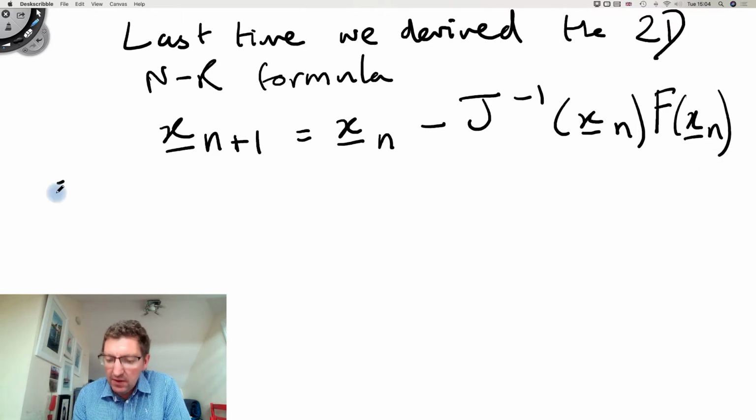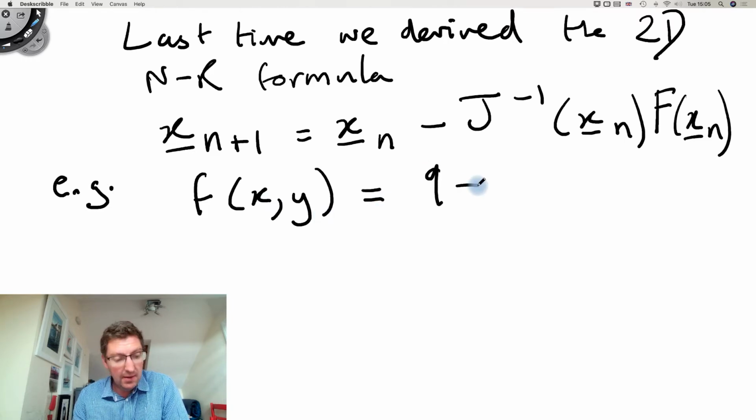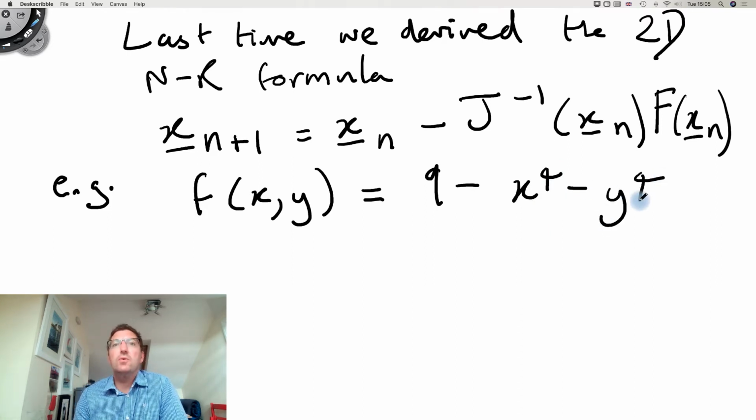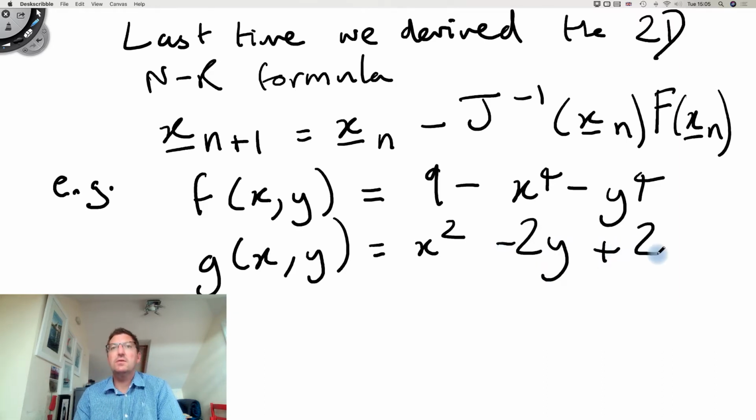So now we're going to do an example. We're going to choose two functions. We're going to have f of x, y equals 9 minus x to the 4 minus y to the 4, a quartic function, and g of x, y is x squared minus 2y plus 2, a quadratic function in x.